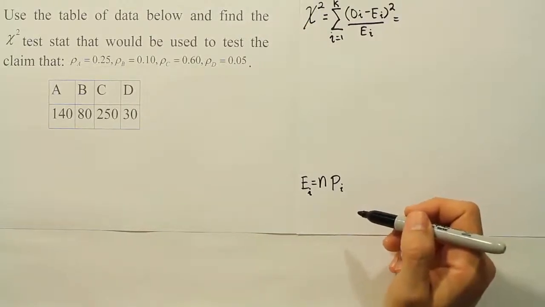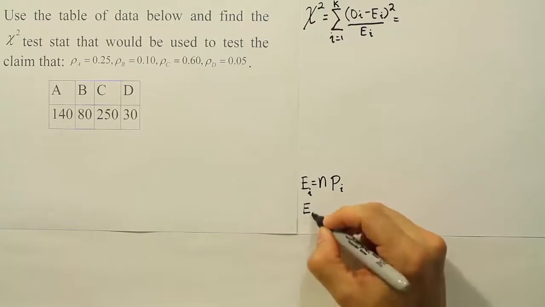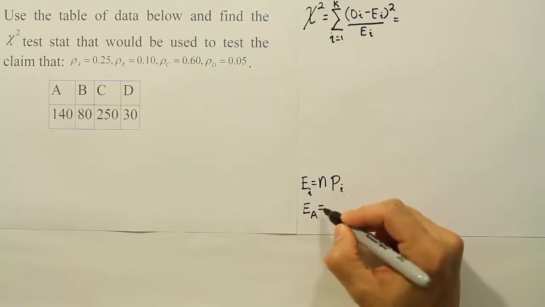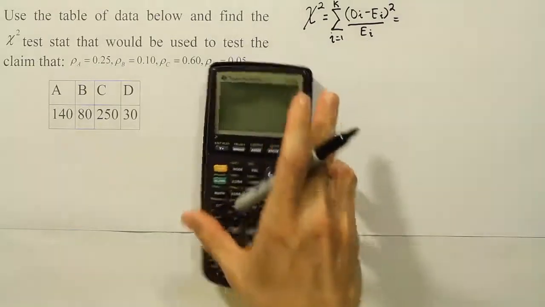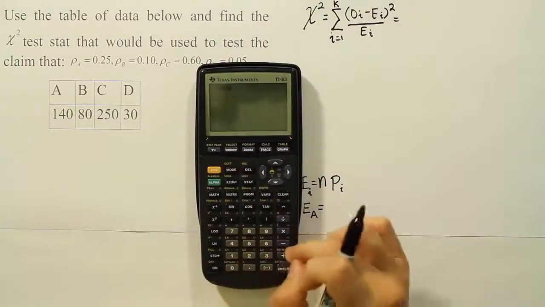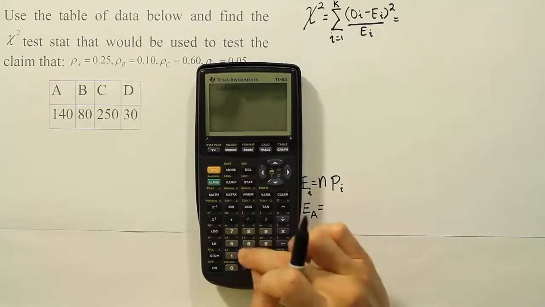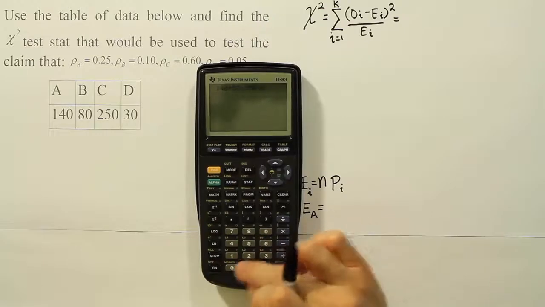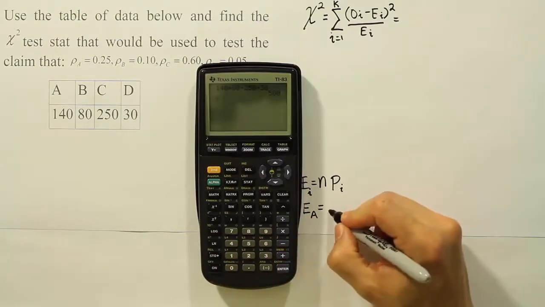So if I want to know the expected value for group A, I'll have to take the sample size, which we can work out quickly in my calculator. It's 140 plus 80 plus 250 plus 30. When you're done, you get exactly 500. So n is 500.